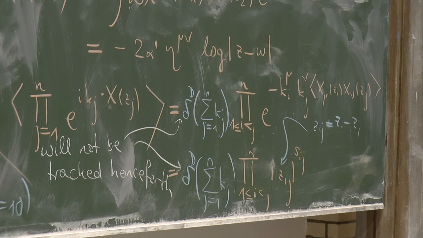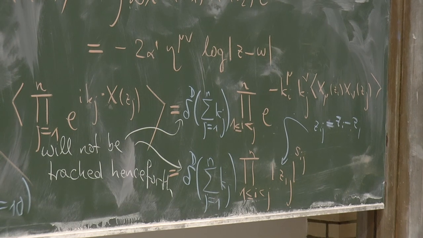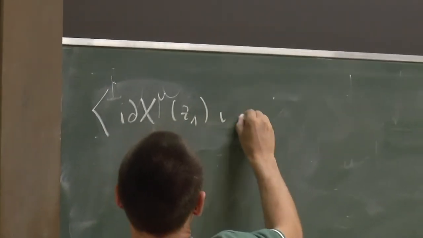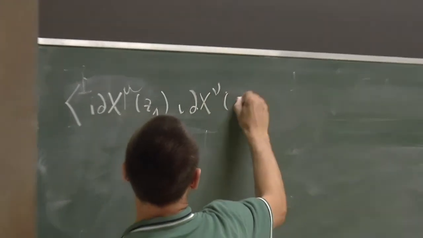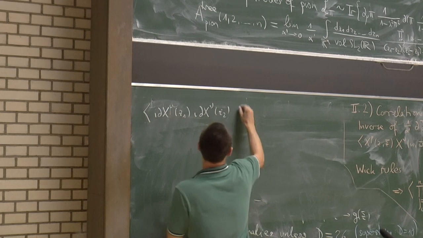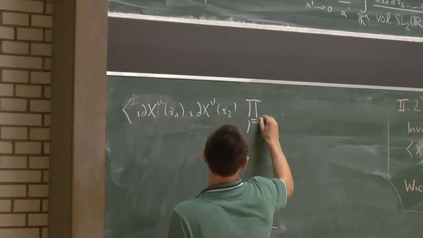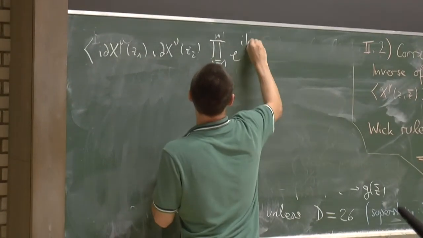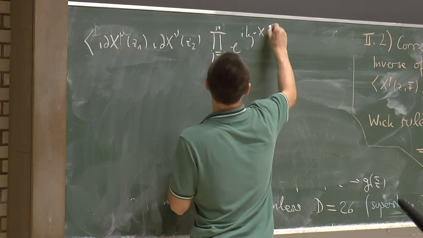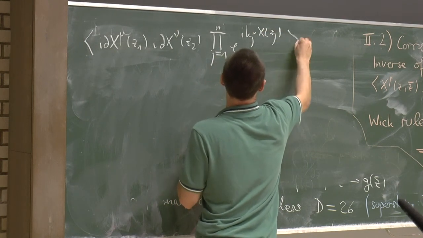Second homework is to compute the slightly more fancy correlator. Suppose there are also some dX's in there, and the same plane waves as before. Then the challenge of doing the combinatorics grows a little bit.